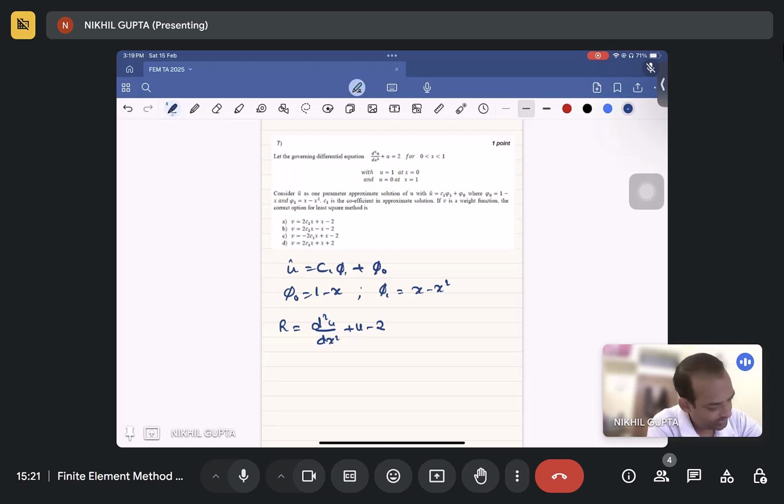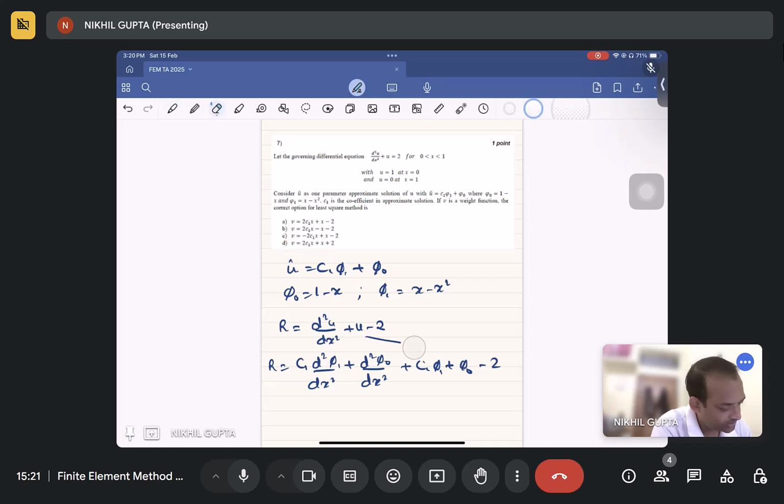So r equals c1 d2phi1 by dx square, which we are putting in from there, plus d2phi naught by dx square, plus c1 phi 1 plus phi naught minus 2. This is u bar, which here I have written. Okay, so this is over.